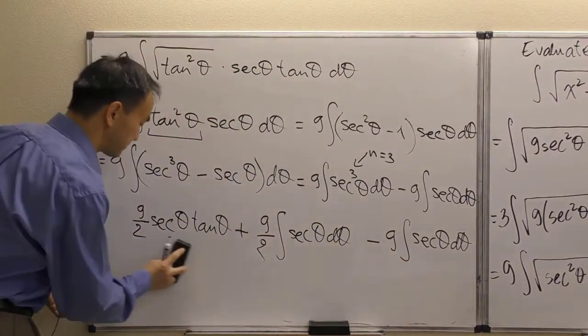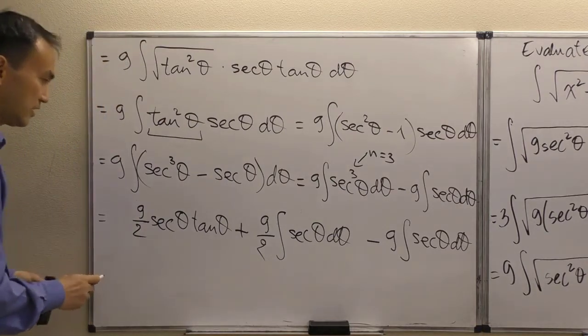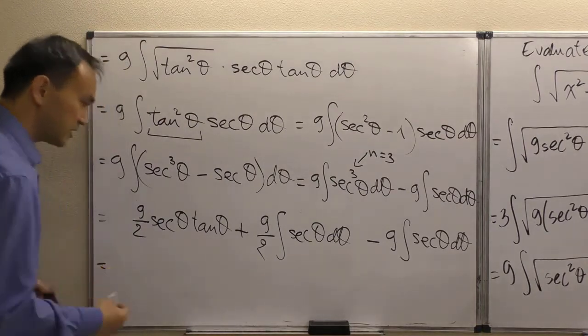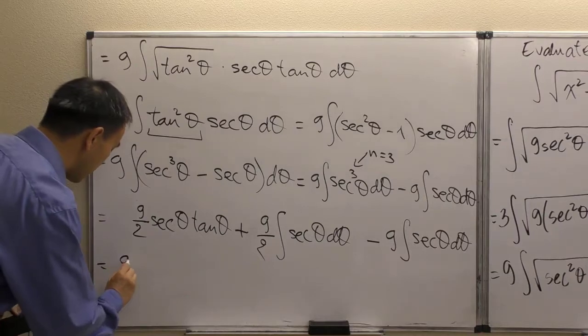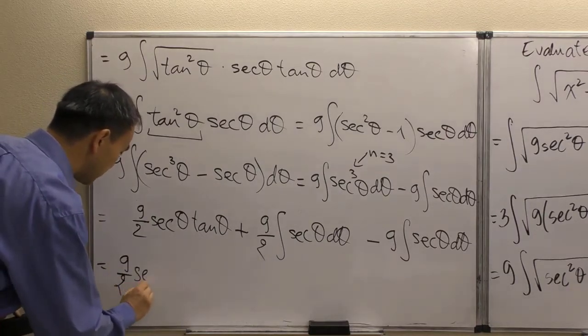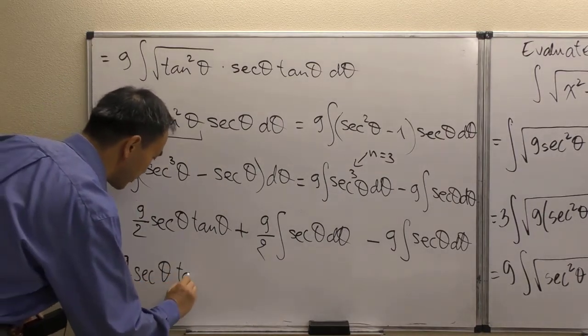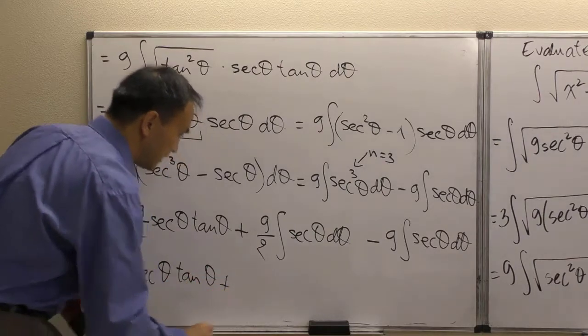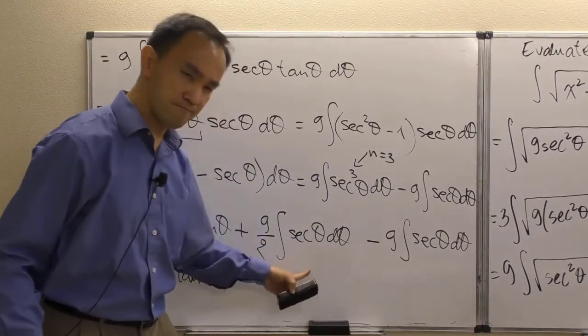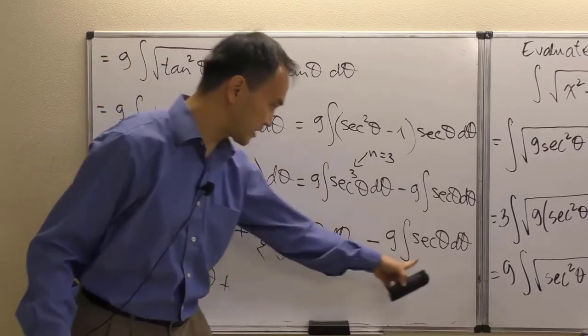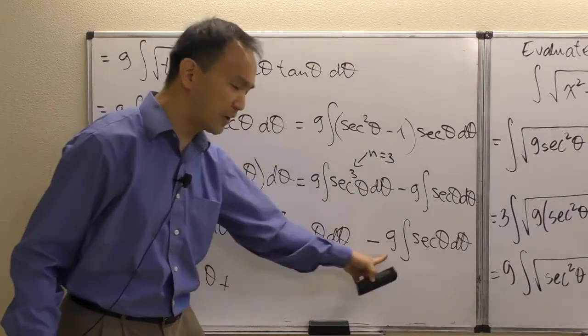All right, and so now in my next step, let's clean up the terms a little bit. It's 9/2 times secant of theta times tangent of theta plus, now combining like terms on these two. They are exactly the same integral, it's just a matter of having different coefficients.